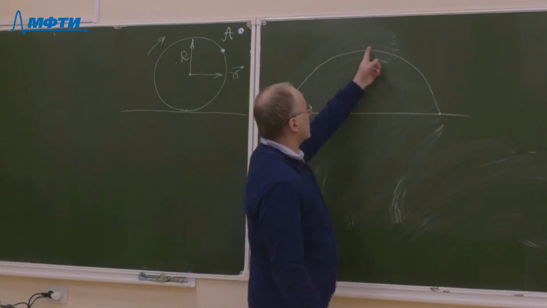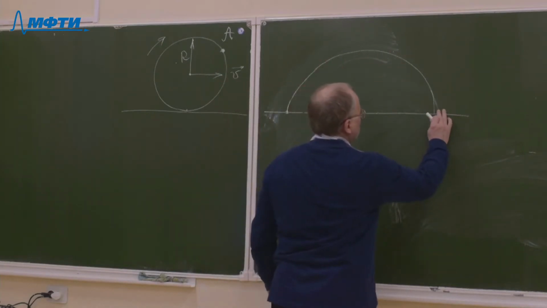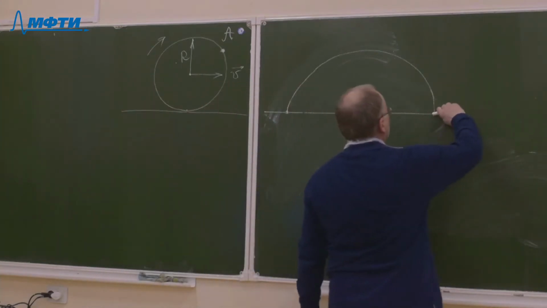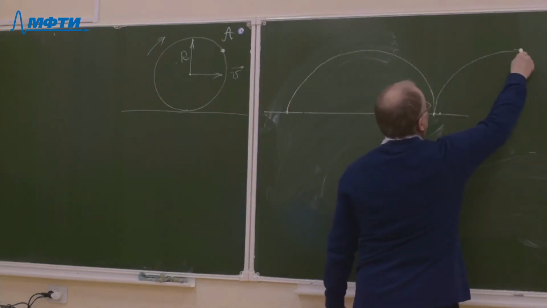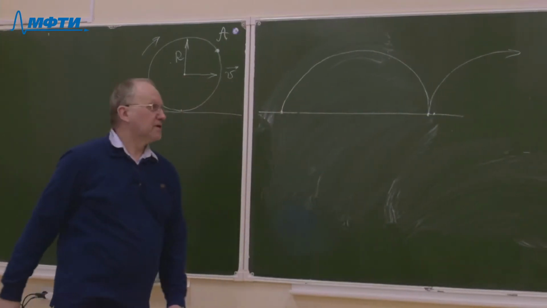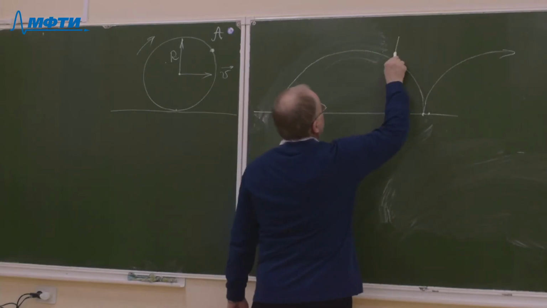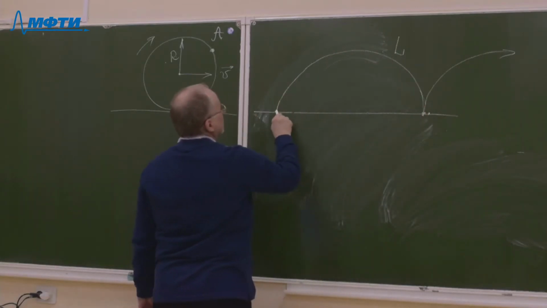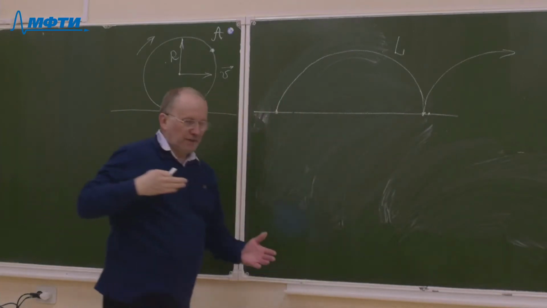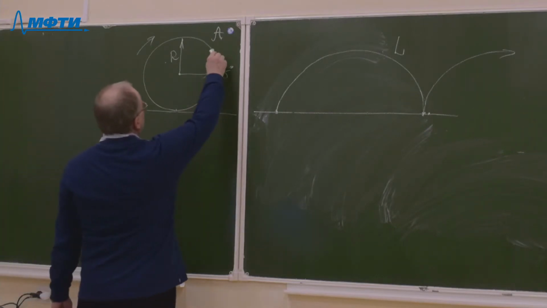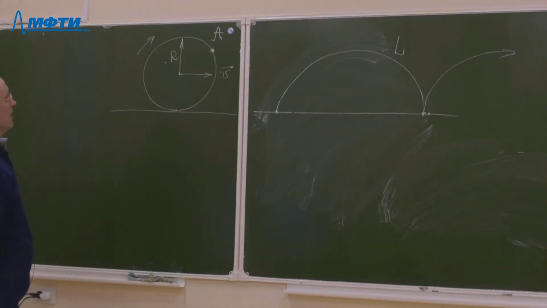The point A will go along this trajectory, and it will touch the road again here. And then that trajectory will repeat again and again many times as the wheel rolls. So we have to find the distance L covered by point A between two successive moments when it touches the road. And also we have to find the total velocity and acceleration of this point A at any moment of time.